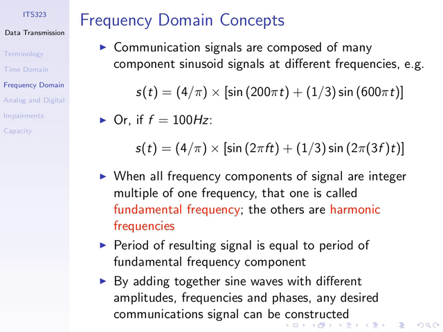Therefore, if we add these two together and get this, for this signal, the fundamental frequency is 100 Hertz, because each of the components are multiples of 100. 1 times 100, 3 times 100. So this is the fundamental frequency. The harmonic frequency is 300 Hertz, the multiples. We'll care especially about the fundamental frequency as we go through.